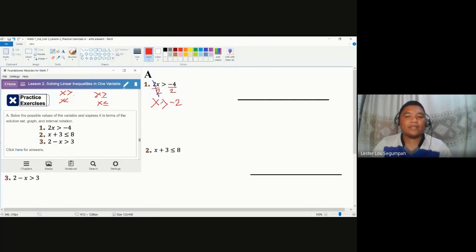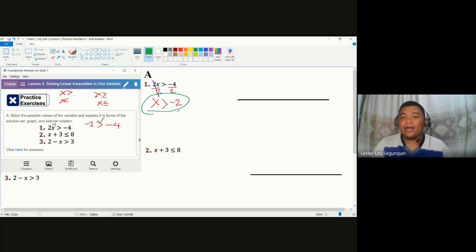Any value of x that is greater than negative 2 works. So if this is negative 1, 2 times negative 1 is negative 2. The other side is still negative 4. And then we answer the question: is negative 2 greater than negative 4? The answer is yes, and definitely this is already acceptable to be true. You could use negative 1 here because negative 1 is greater than negative 2.